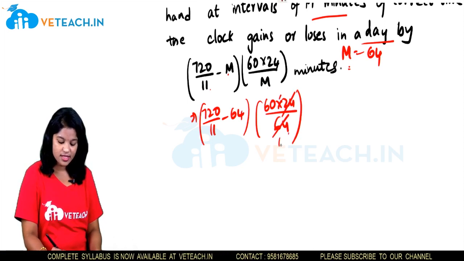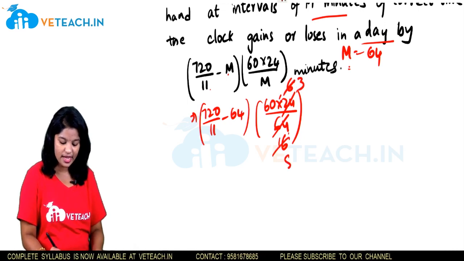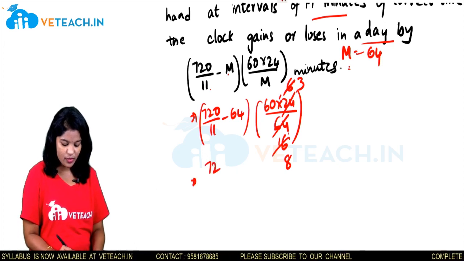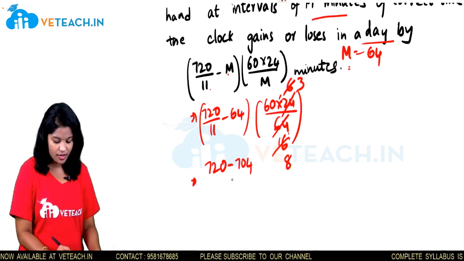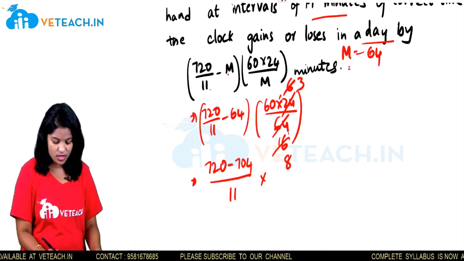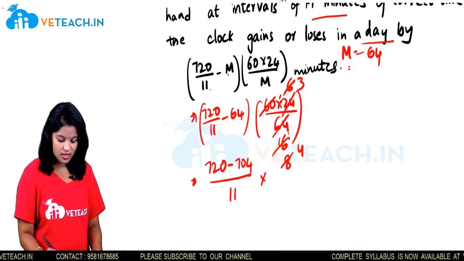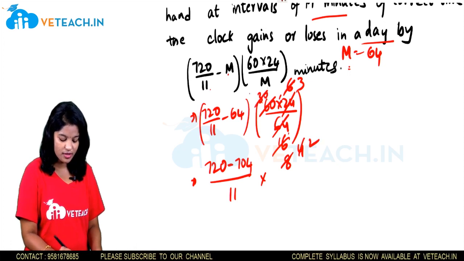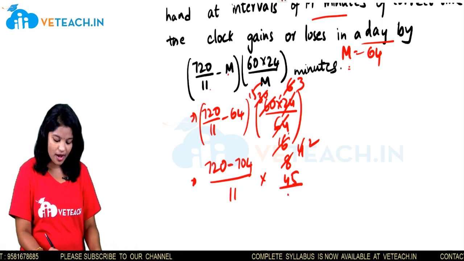Let us take the LCM: 720 minus 64 into 11, that is 704, divided by 11, into 60 into 24 by 64, which simplifies to 45 by 2.